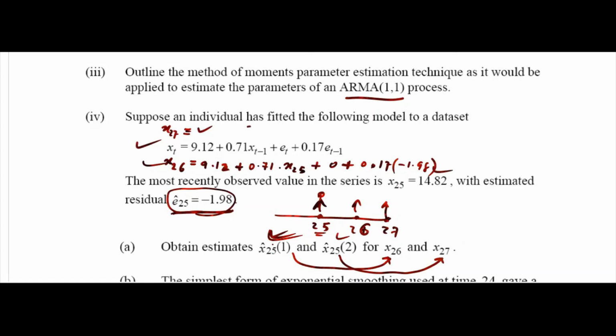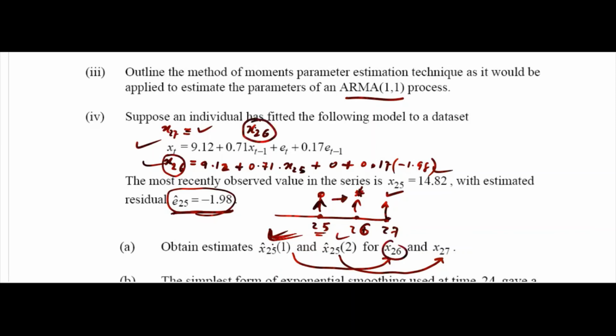So you don't have x26. To forecast for this one, you must first forecast this one, because we don't have the exact value of x26. We were forecasting for this one, so this value you can take here.